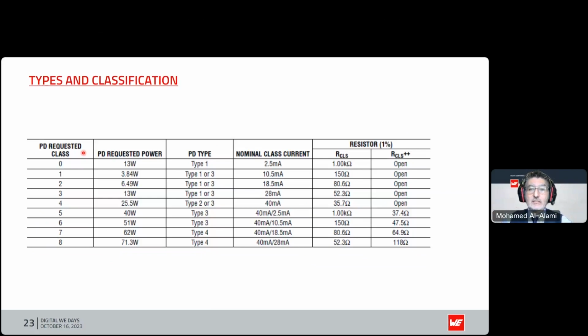So this is a snippet out of one of the ADI X-Linear ICs, which gives you an indication of the type of classification resistors used and the nominal classification current based on the voltage that is introduced by the PSE to give you an indication of the different class of that PD. So this is very important, and this is called a class/mark event.